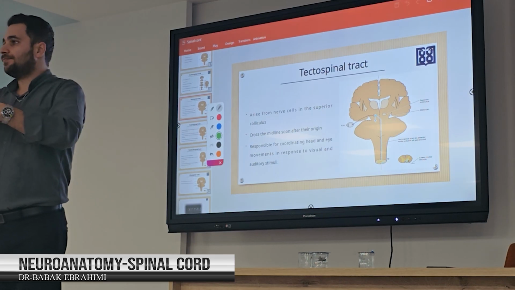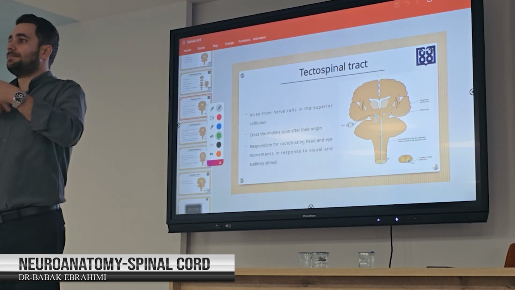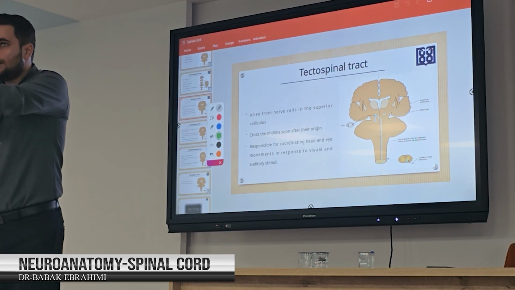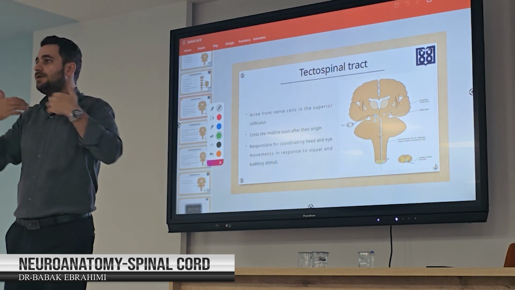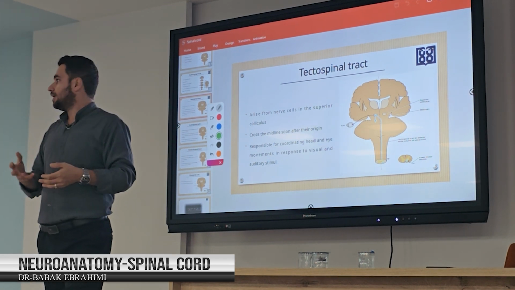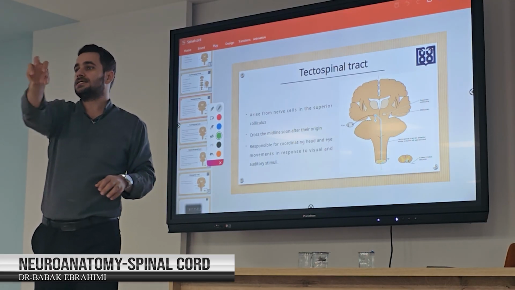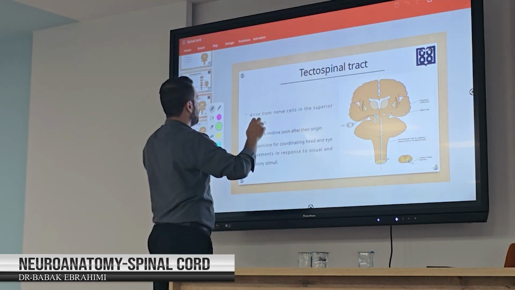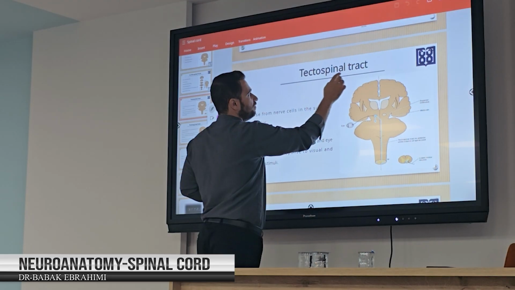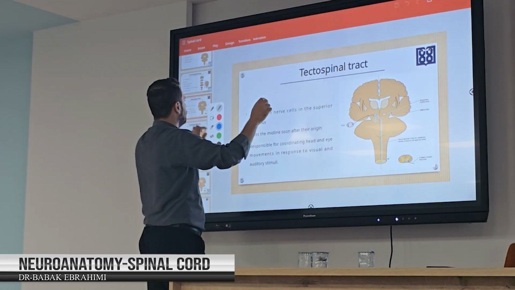She receives it and gets it to the brain, processes and analyzes it, and then she gives me the motor information. The sensory information goes to somewhere, and that place sends the motor commands. I talked about spinotectal, and here we have tectospinal.